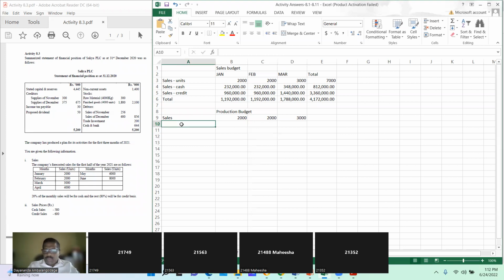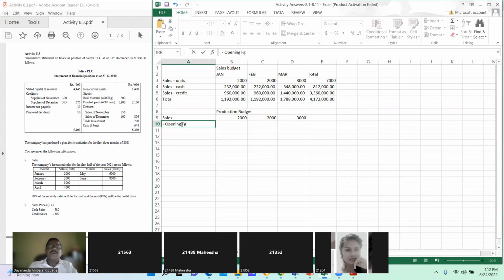For the sales requirement, you have to minus the opening stock, opening finished goods, and you have to plus the closing finished goods.